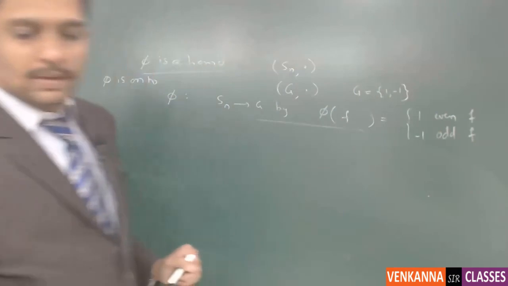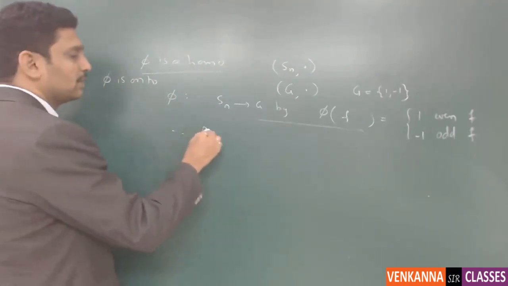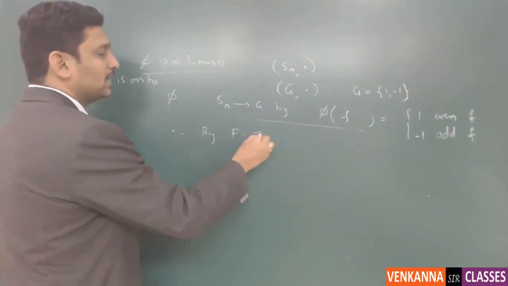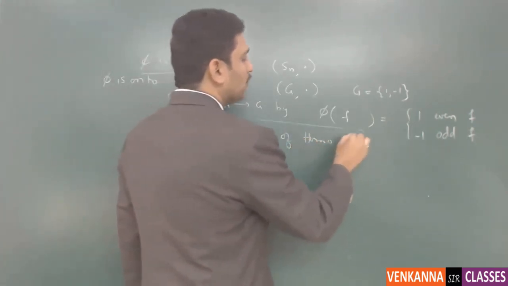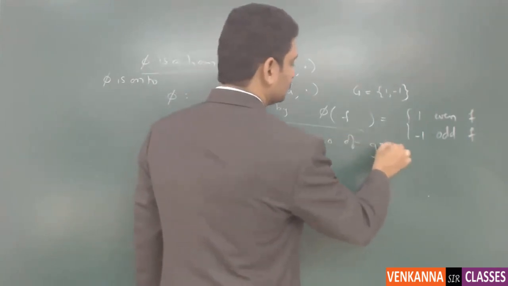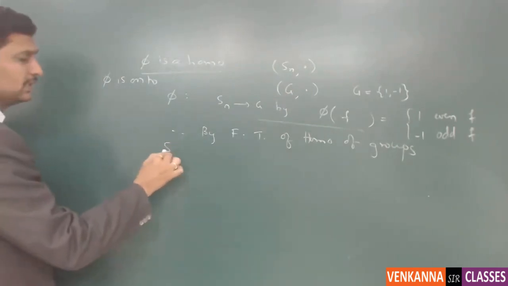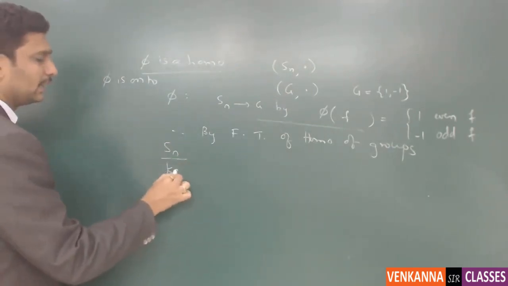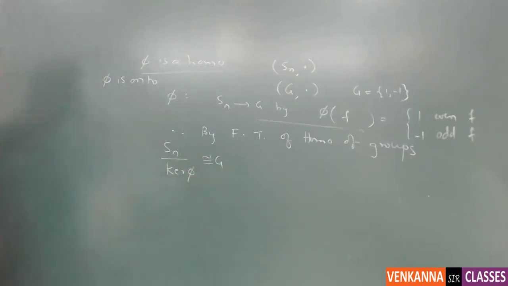So phi satisfies the conditions of the fundamental theorem. Therefore, by the fundamental theorem of homomorphism of groups, immediately you can say that Sn by kernel phi is isomorphic to G. Now let us evaluate what this kernel is.